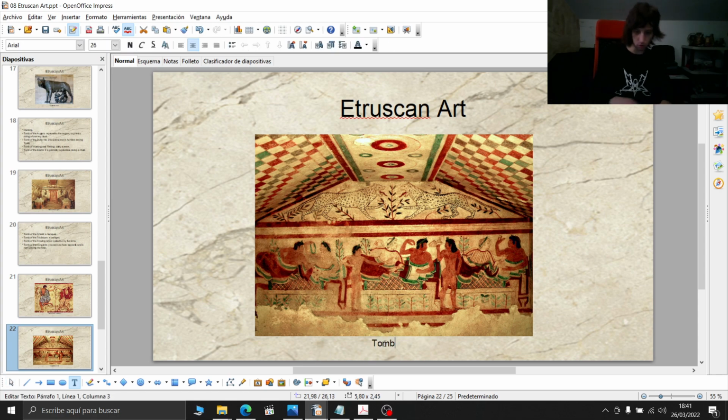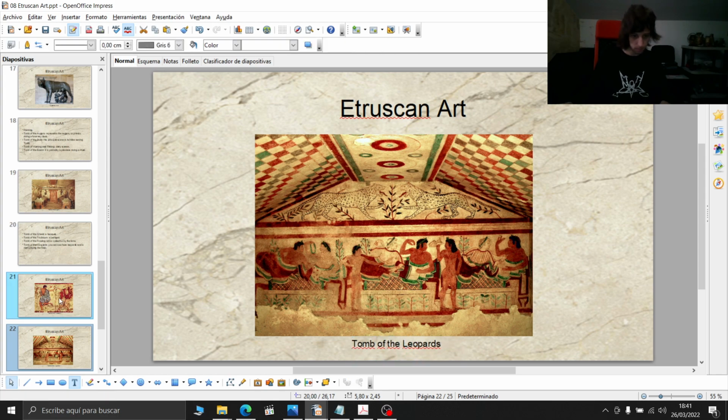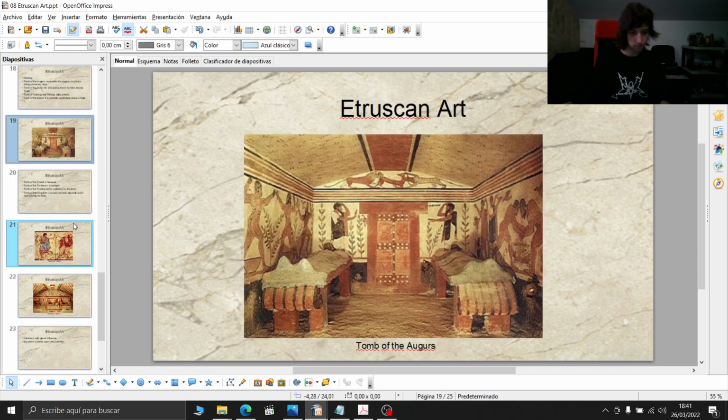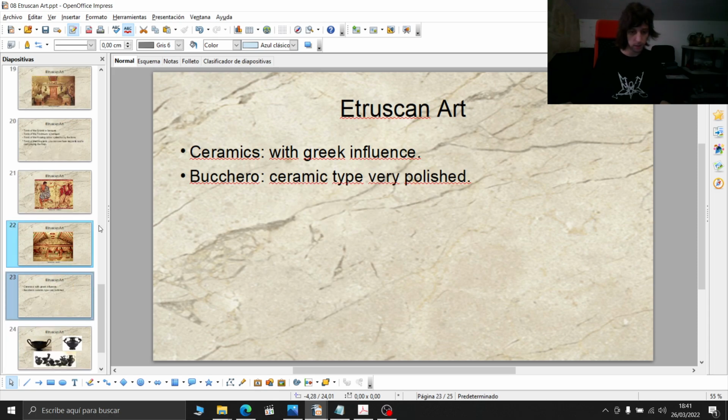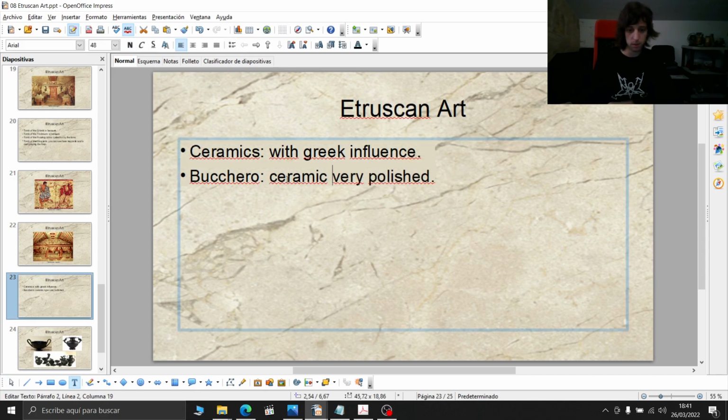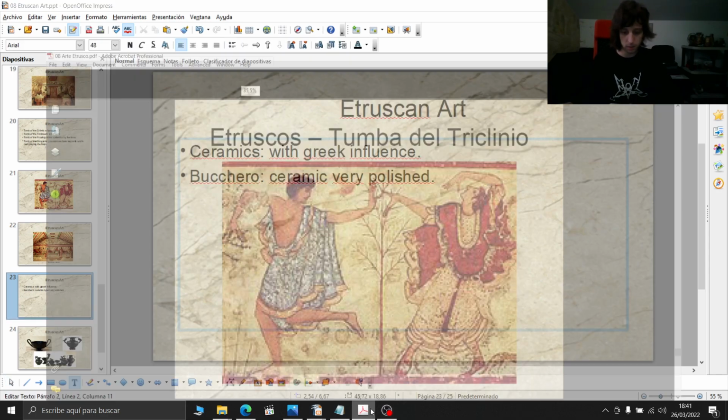And some of the Leopards. Finally, ceramics with Greek influence. Bucchero is a type of ceramic, very polished. That's all.